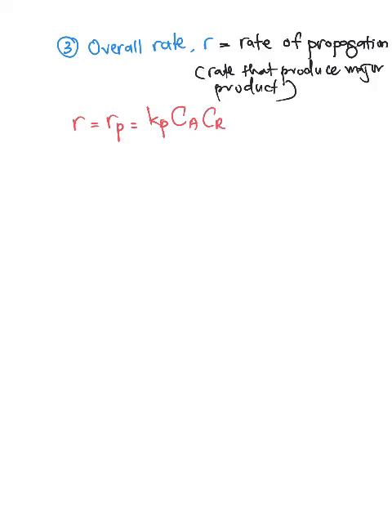Okay, we have this rate. But the problem is, we want to eliminate term Cr. So, the objective is to eliminate term Cr. When you need to derive the rate law equation, and the rate law equation has the term of radical species, you must eliminate it.